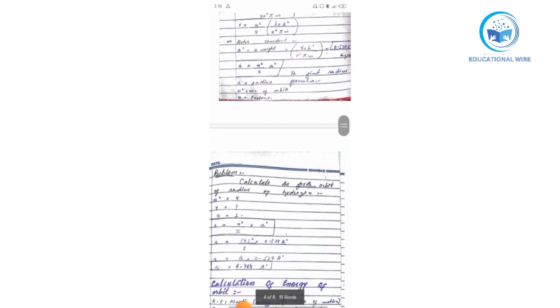After that, let's move further. Here we have taken common n square and z in this formula. When we take n square and z common, we have this remaining value: epsilon naught h square upon e square pi m, and this value is equal to a naught.